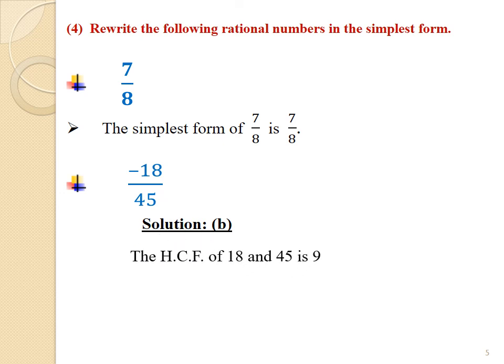Thus, dividing numerator minus 18 by SCF 9 and also denominator 45 by SCF 9, we get minus 2 upon 5. Thus, simplest form of minus 18 upon 45 is minus 2 upon 5.